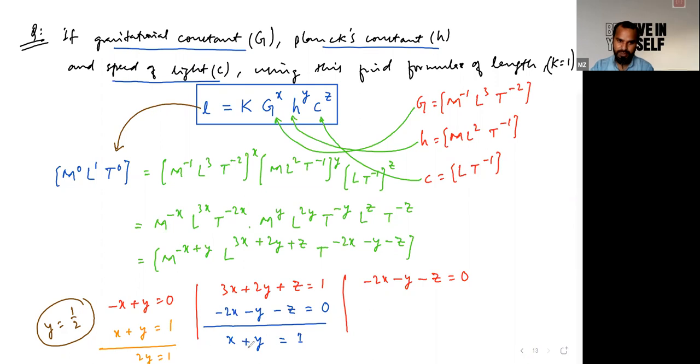On putting it into this equation, it becomes x plus half is equal to 1. On bringing it to the other side, it gets subtracted. So x would be equal to 1 minus 1 by 2, or just plus half.